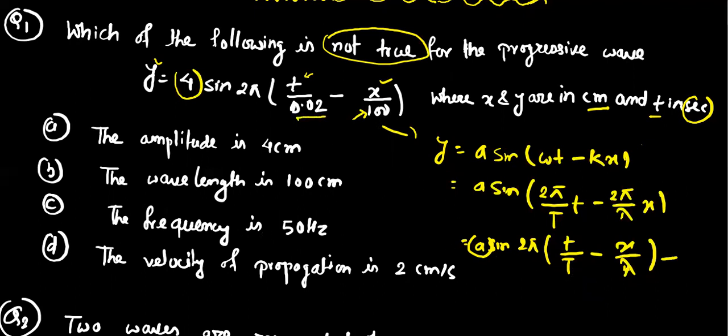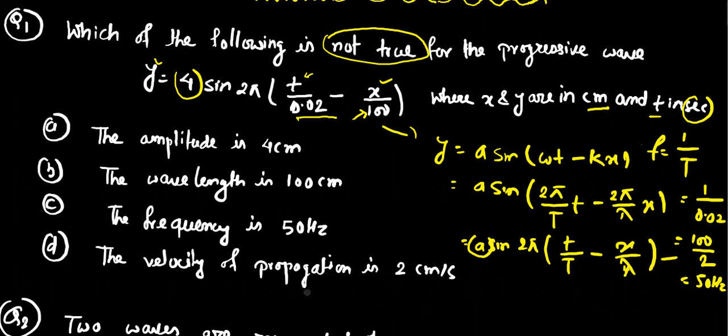The value of time period is 0.02, and the frequency is f equal to 1 by T. To calculate the frequency, we put 1 by 0.02, which is 100 by 2. So the value of frequency is 50 hertz. That's why these three options are correct.